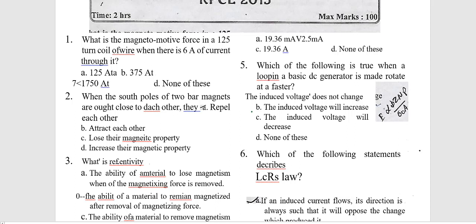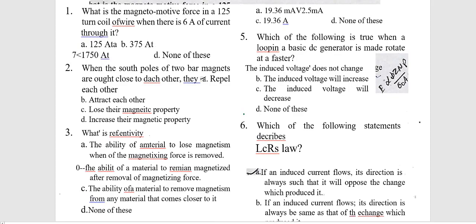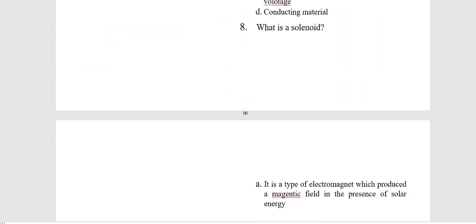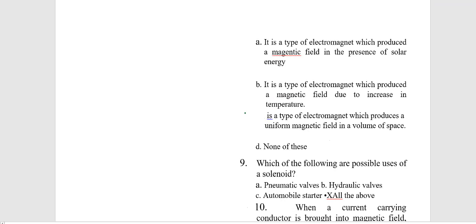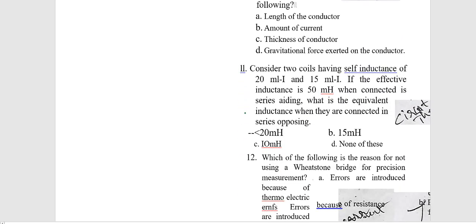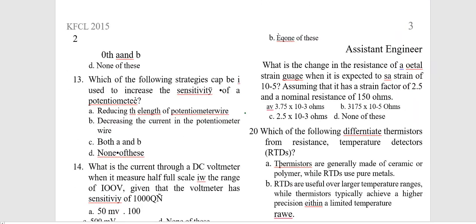Distribution and transmission are all dealt with by KPTCL. So KPCL always concentrates its paper on machines, electrical circuits. You can see in the question paper more electrical machine and electrical circuit theory questions are there.